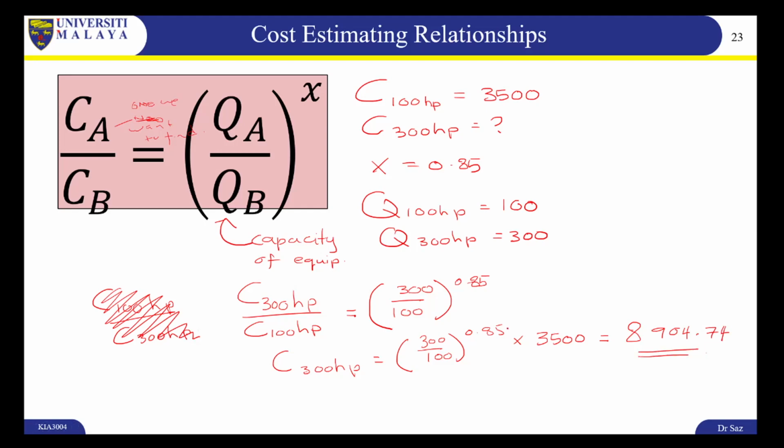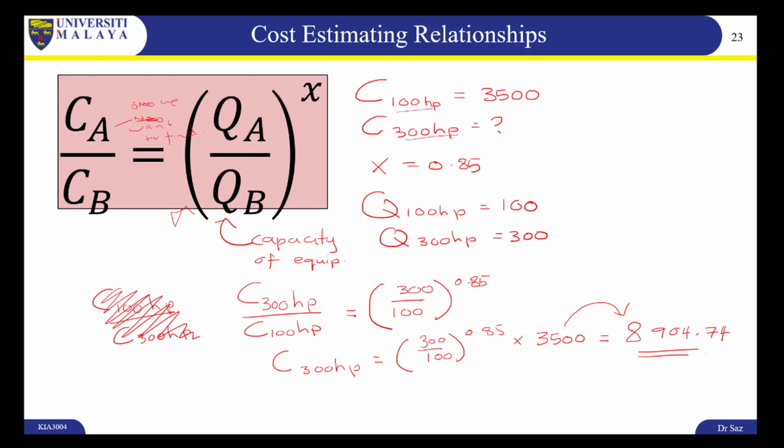Okay, not as big a gap as previously, but we don't take time into account. All this equation does is take into account the different capacities. It doesn't take into account time.